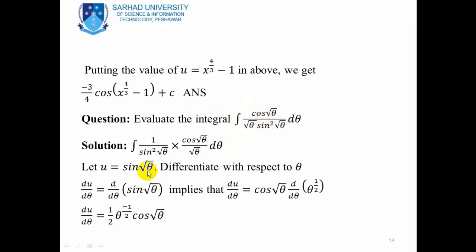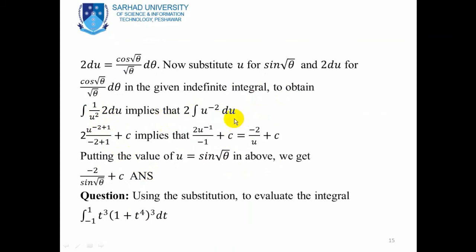But after using this supposition, you see this integral is very simple. We can use the basic definition of integration: the integration of u power minus 2 with respect to u, adding 1 to the power and dividing by the new power. Now you see the integration becomes very easy.